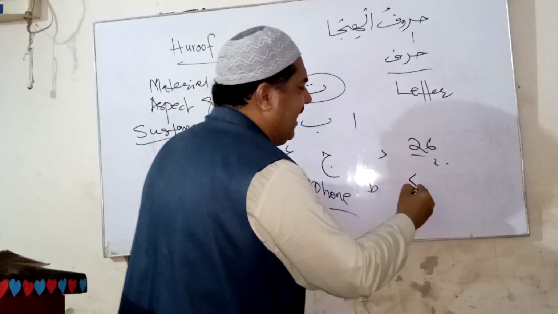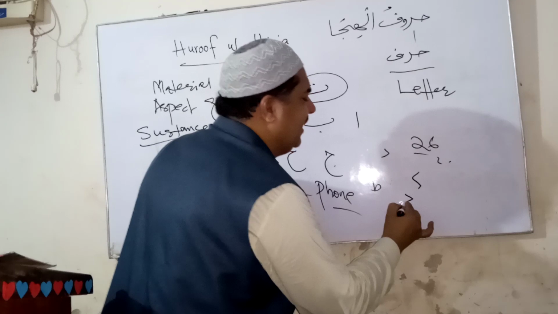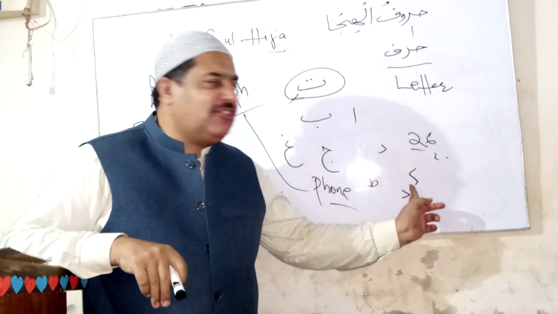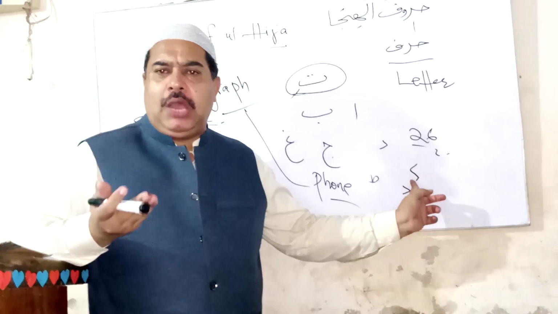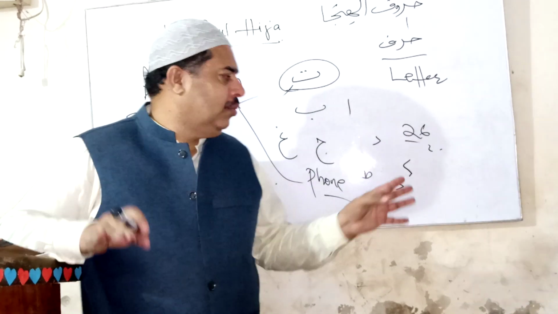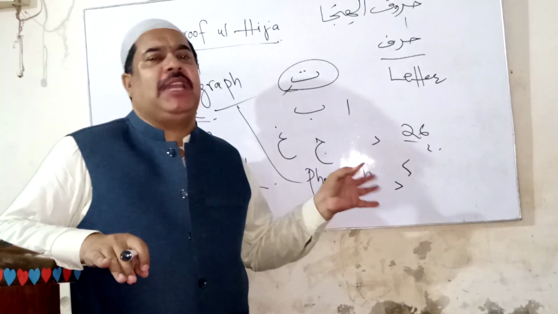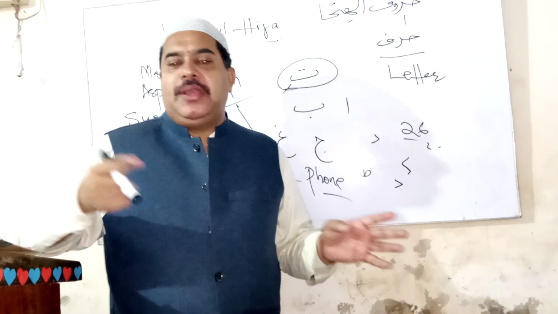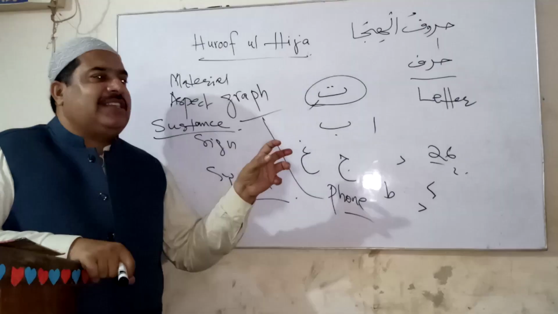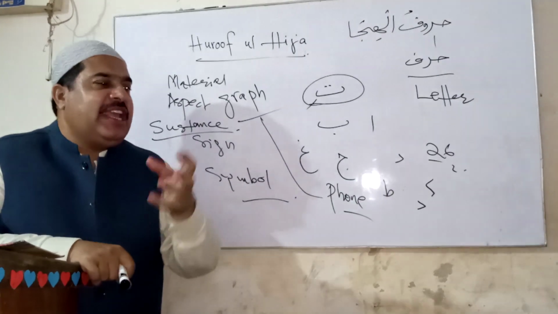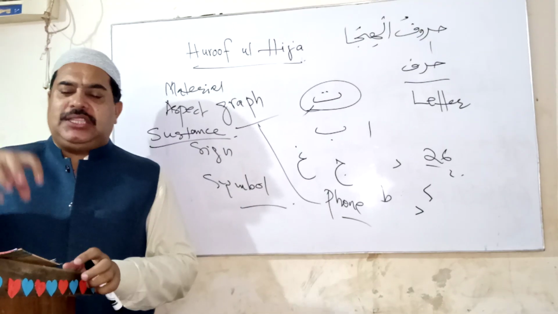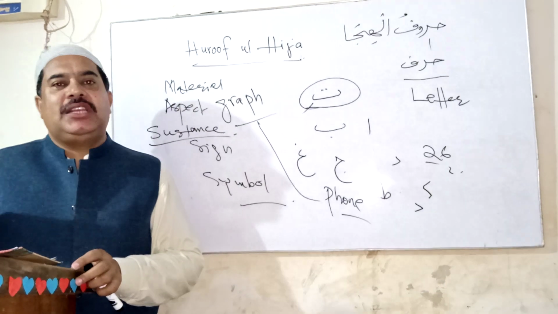Suppose this sign is written like this, not this, but just like this, and a teacher says read it; no doubt I have to read it, because I don't know the actual sign, symbol or graph of the language. The teacher teaches me, makes me aware of this letter. So all these recognized signs, given in Arabic or any other language, are the base of language to be started, to be learned.